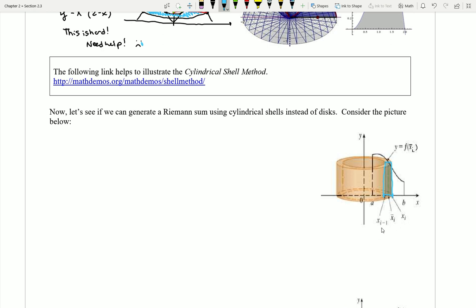This is just a way to number our x's on our x-axis. Now we'll say that this point here, where I'm going to go up and determine the height of my rectangle, a point that we would normally call x_i star, let's just call this for the moment x_i with a bar on top. That bar usually indicates that it's an average of the two endpoints, and that's exactly what we're going to treat it as, like the midpoint here.